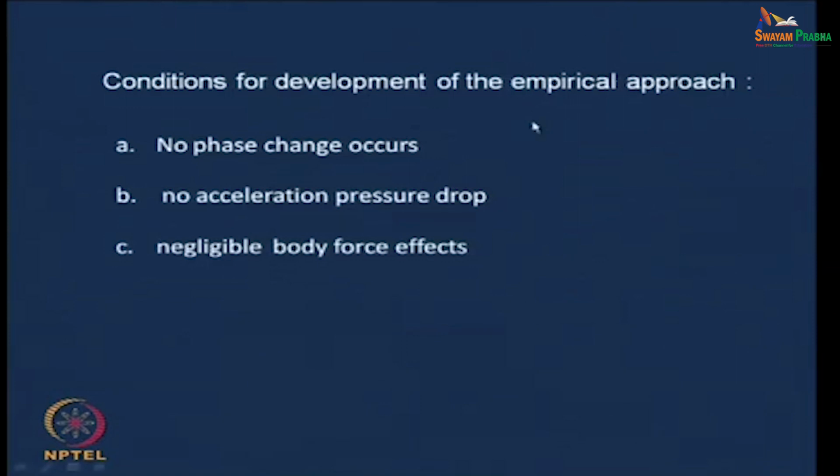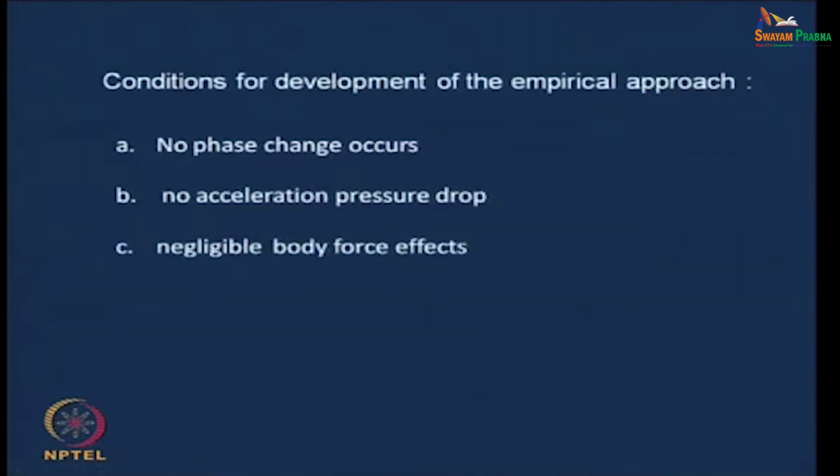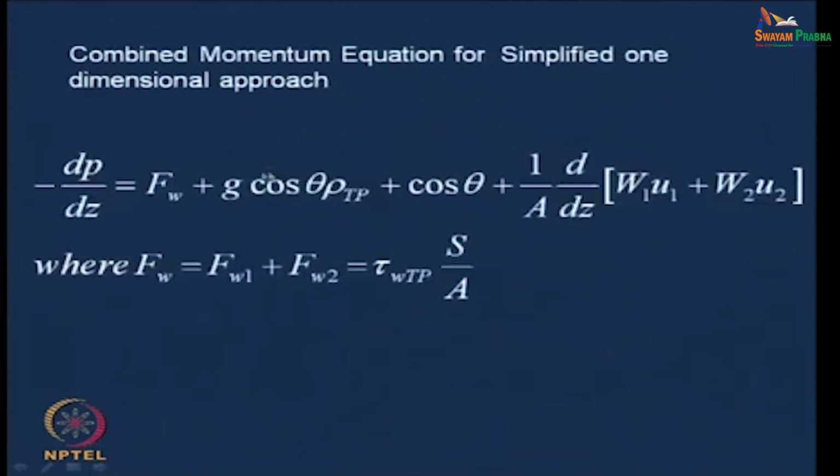So we laid down the basic assumptions of the simplified one dimensional approach, and the correlations for the frictional pressure gradient and the void fraction were developed on the basis of no phase change, no acceleration pressure drop, and negligible body force, such that the total pressure gradient can be made equal to the frictional pressure gradient.